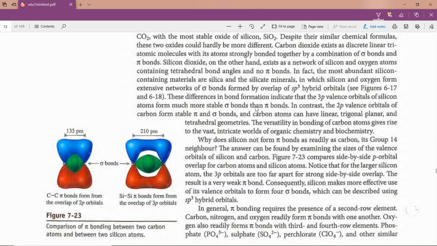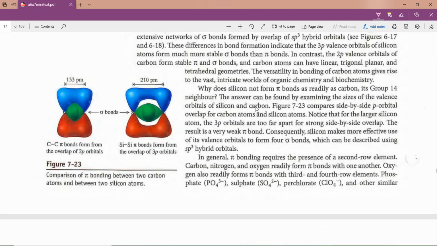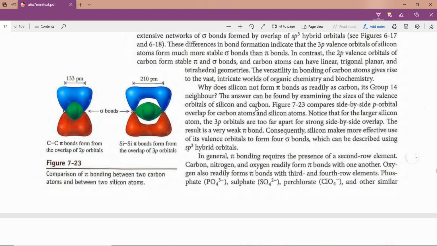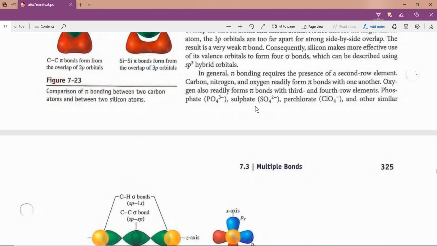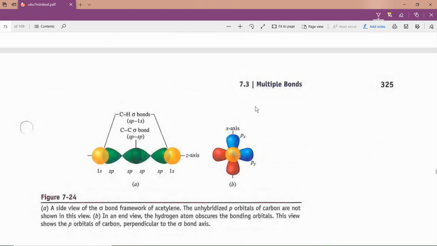For the silicon atoms, the 3p orbitals are too far apart for strong side-by-side overlap. Okay, so you don't find as much pi stuff with silicon. Where do you? Carbon, oxygen, nitrogen. Okay, so that was double bonds.